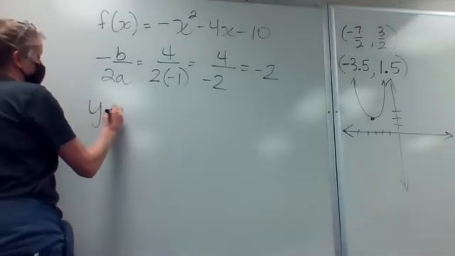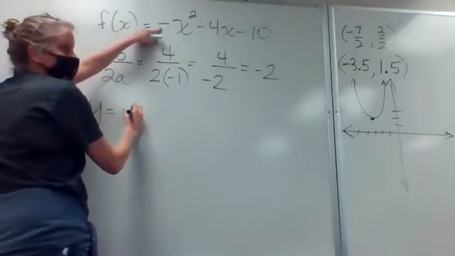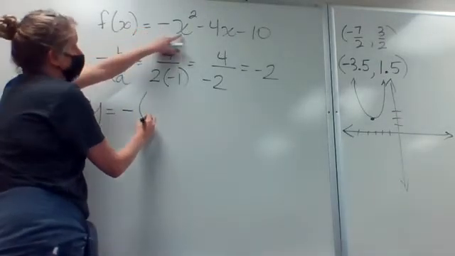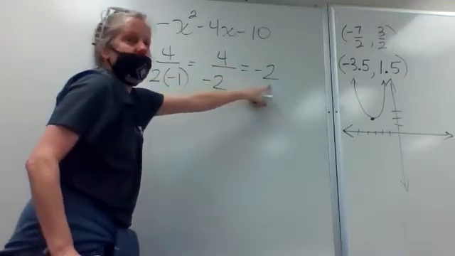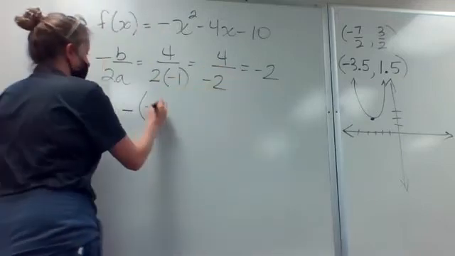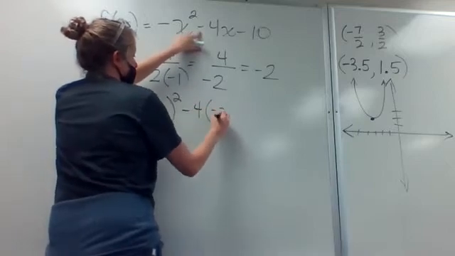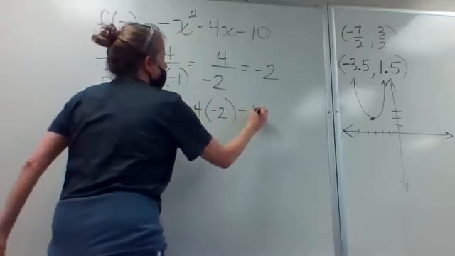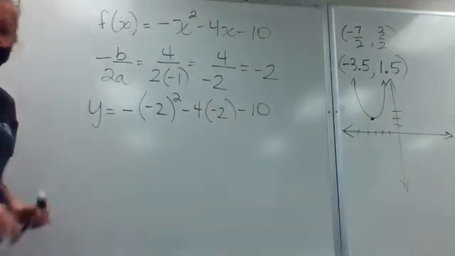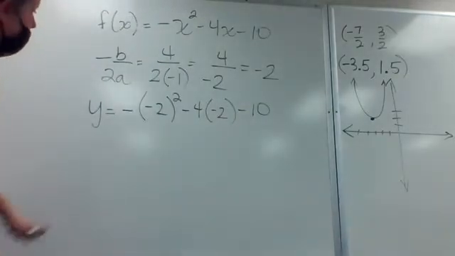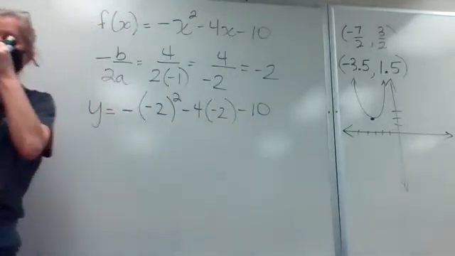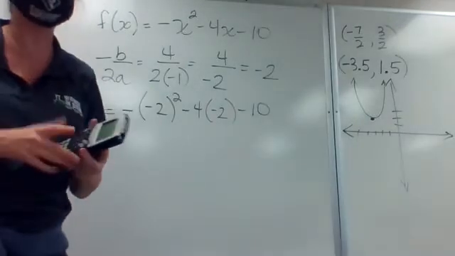So now I'm going to plug it into the function. So I have negative, open parenthesis, what am I putting in the x? -2, squared, minus 4 times -2, minus 10. Again, if you put this in your calculator, it's going to follow the order of operations, so you don't make sign mistakes.